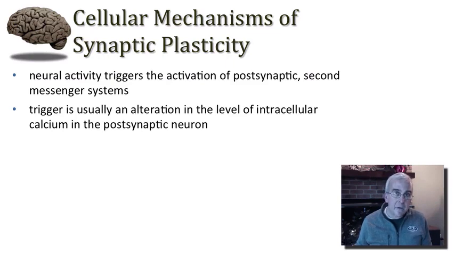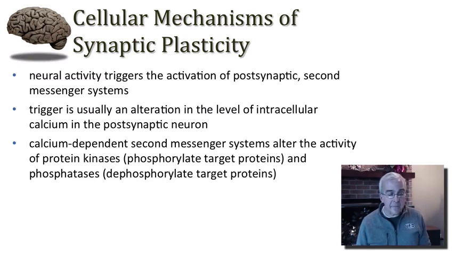And those second messenger systems usually involve an alteration in the level of intracellular calcium in the postsynaptic neuron. So calcium will be a key index that is used by the postsynaptic neuron to know which way to go with its plastic response. So calcium within the postsynaptic neuron triggers the activity of second messenger systems that often converge on one of two categories of enzymes.